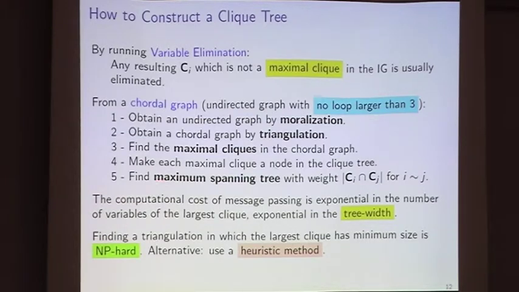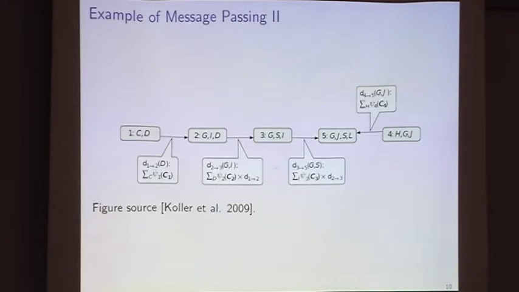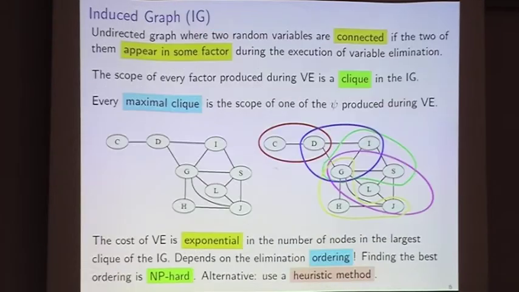So we obtain a clique tree, and it will turn out that the computational cost of doing message passing in that tree is the same as running variable elimination. It's going to be exponential in the size of the largest clique in that graph. It was the same as in the execution of variable elimination, where the cost is exponential in the number of nodes in the largest clique of the induced graph.